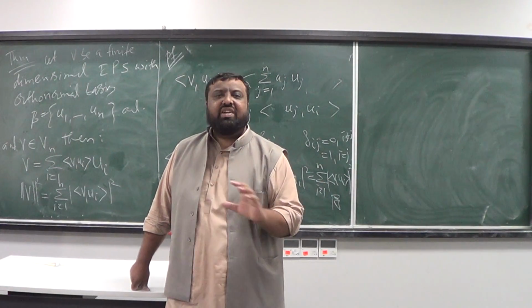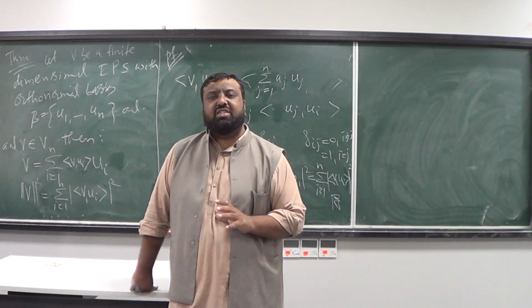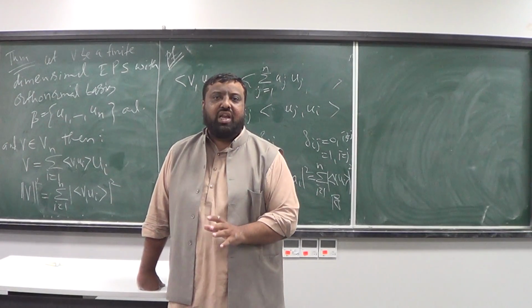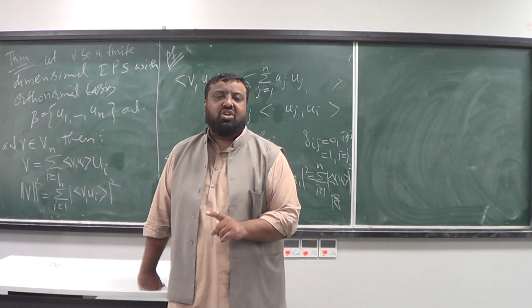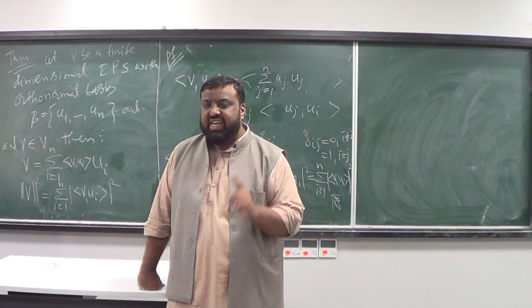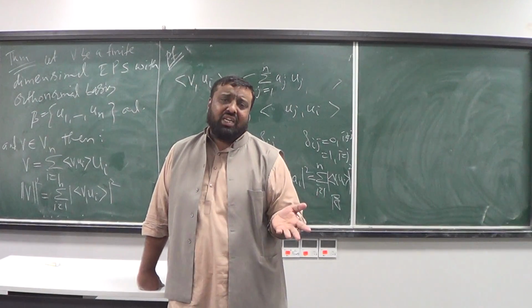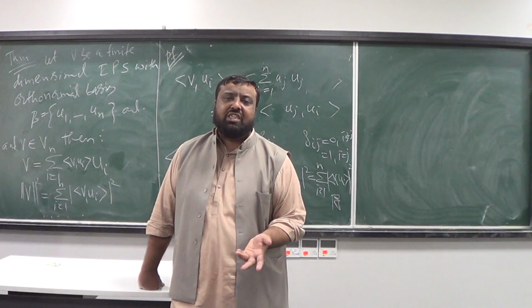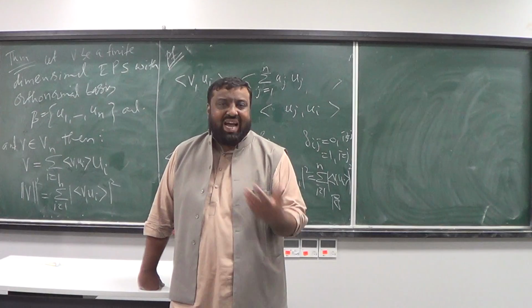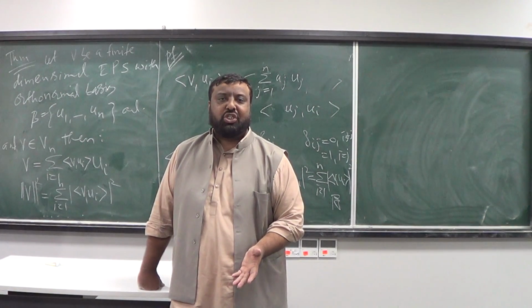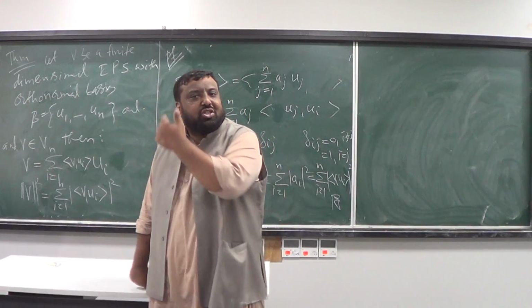So if you don't have an orthonormal basis for finite dimensional vector spaces, don't worry, you can always turn any basis into an orthonormal basis, and you already know the recipe, because in your first linear algebra course you have done the Gram-Schmidt process. What is the Gram-Schmidt process doing?